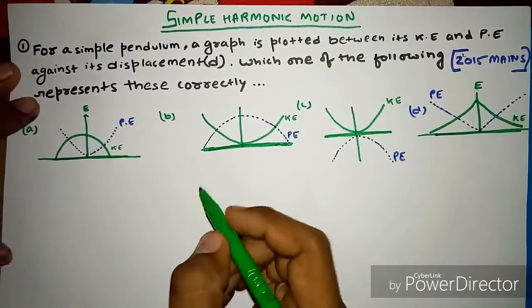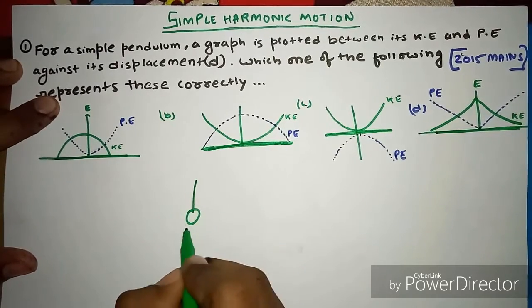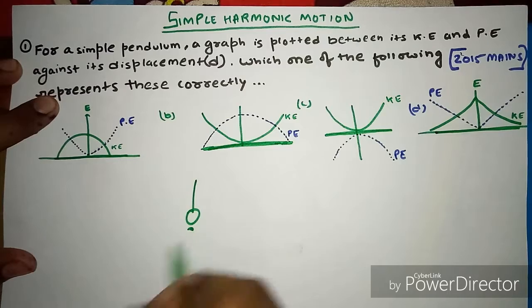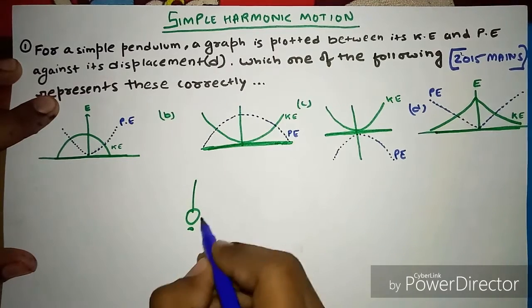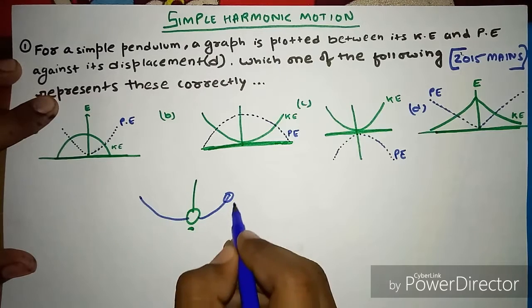Okay, so if this is a simple pendulum at its equilibrium position, then it is moved to the right extreme up to this point, then it will come back here.